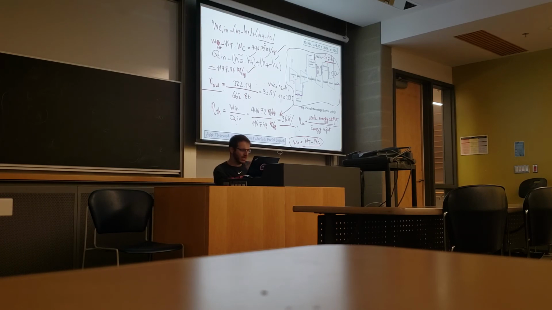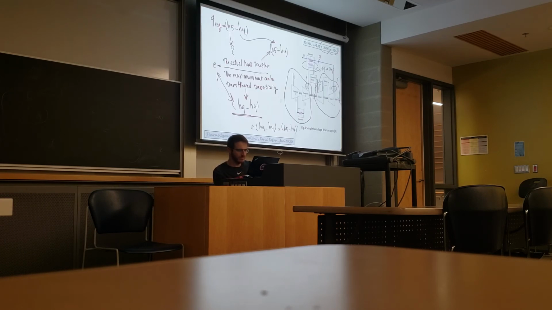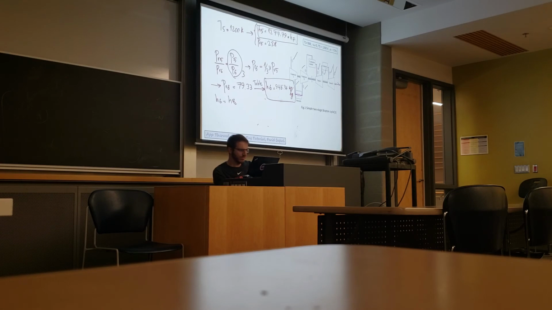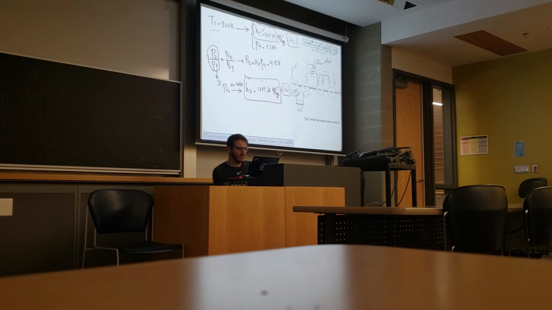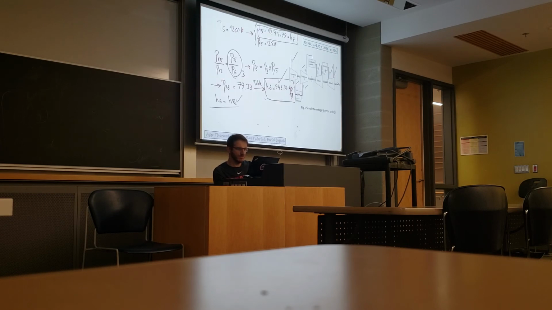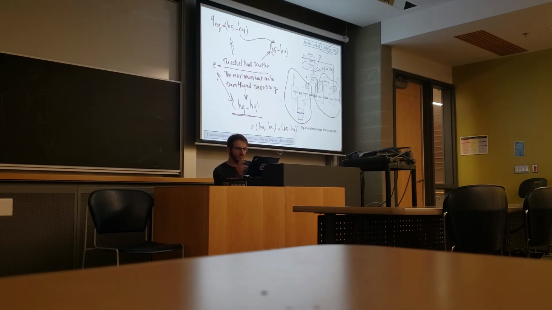So we had H8 here, 946.36. So this H9 equals the H8 we calculated before. We can also calculate it again: we have 1200 here, just put the pressure ratio and find 7, 8 and 9.